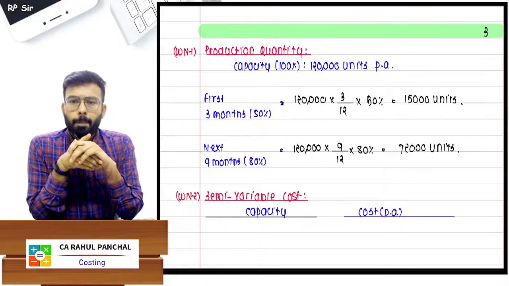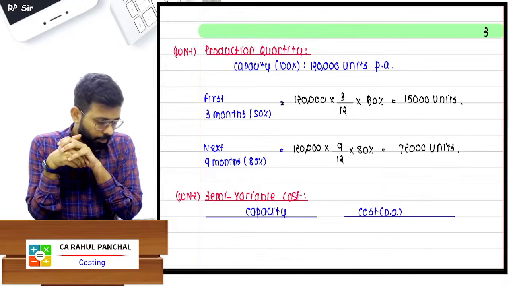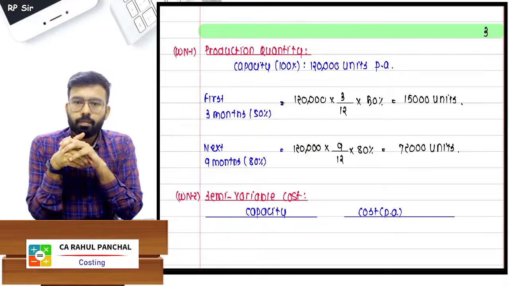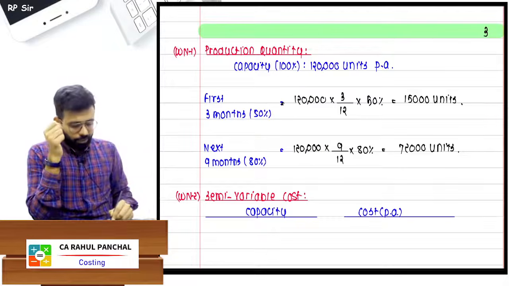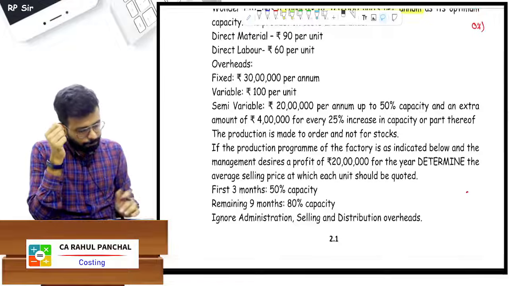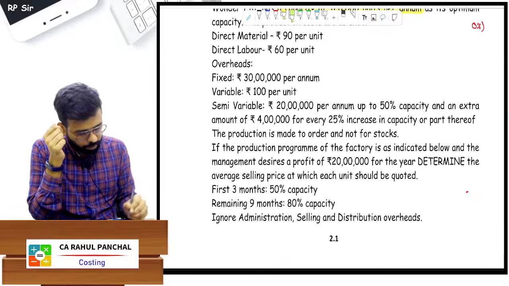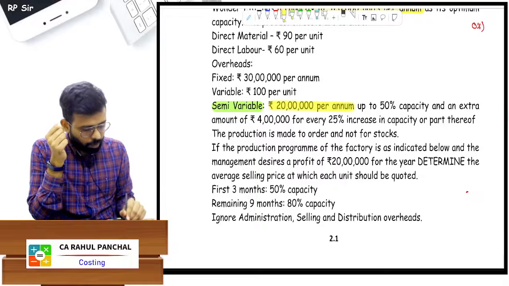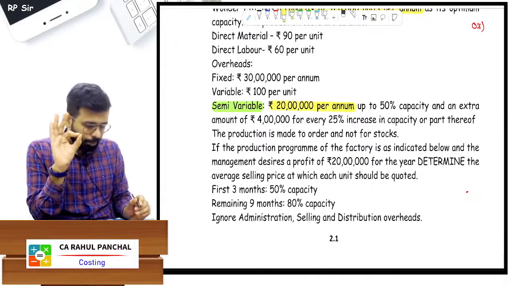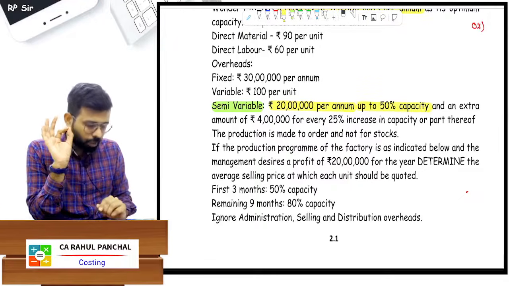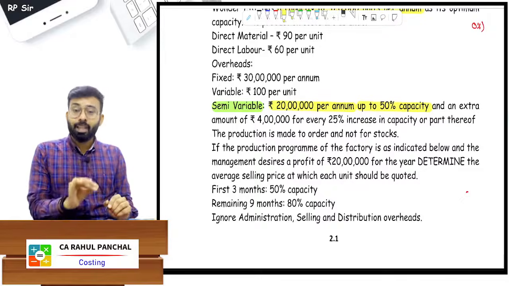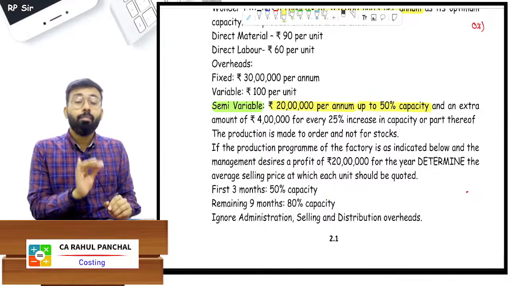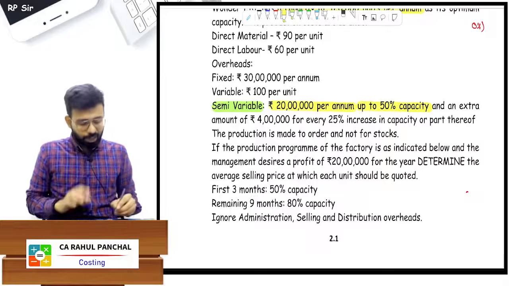Now based on this, if we just read this part here, your cost is 20 lakhs per annum up to 50% of the capacity. If the company is working at 50% capacity, the company will have to pay 20 lakh rupees for the entire year.